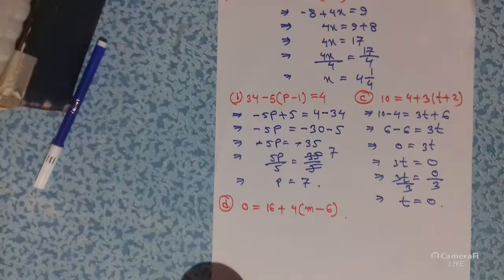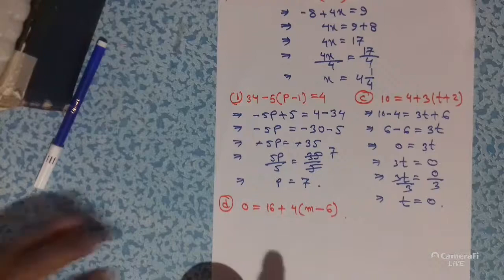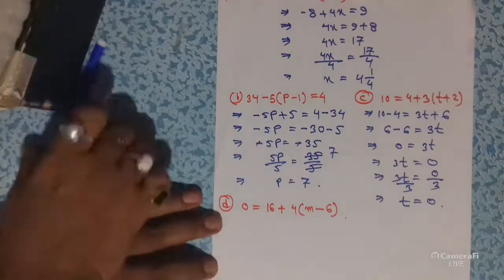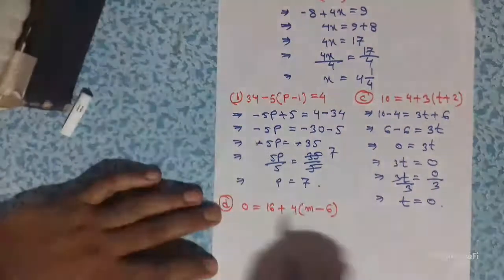I am waiting for your answer. So send as soon as possible. Piyush sent 2. Satyajit, 2. So maximum students have sent that 2 is the right answer. Okay, let's check whether it is 2 or not.